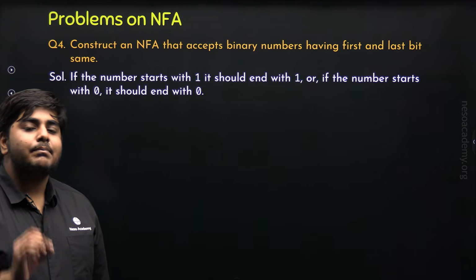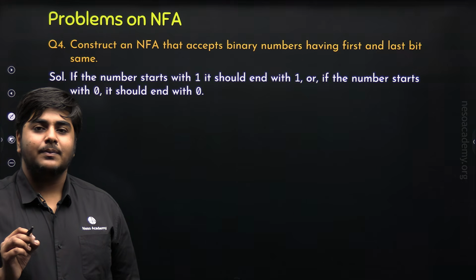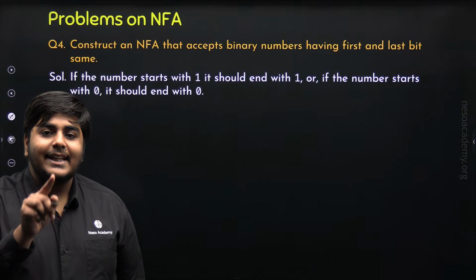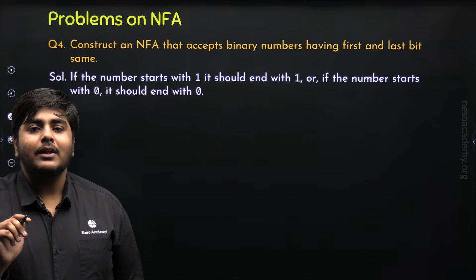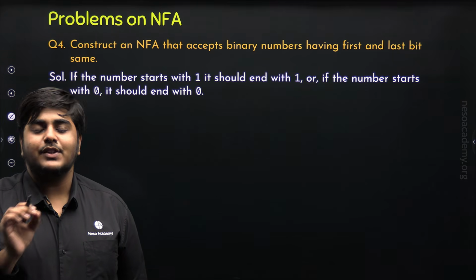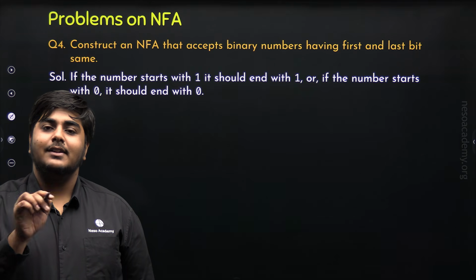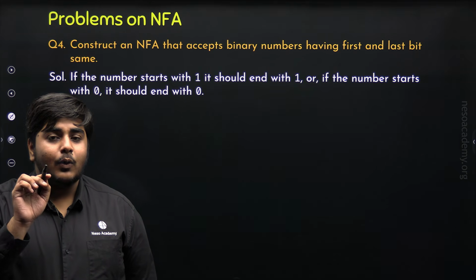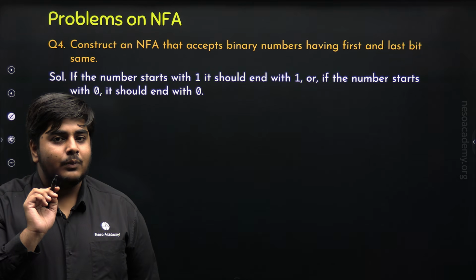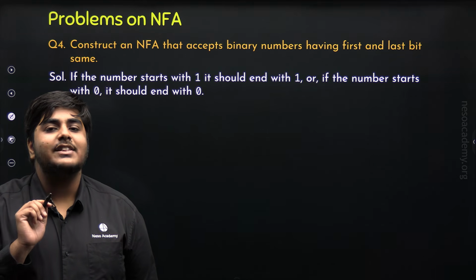So what will be the simplest possible string for this language? A single 0 or a single 1 will be the simplest possible strings. How? A single 0 is starting with 0 and you can also say it is ending with 0.